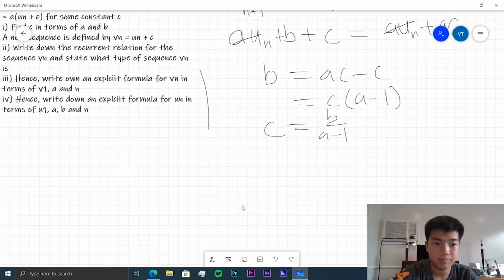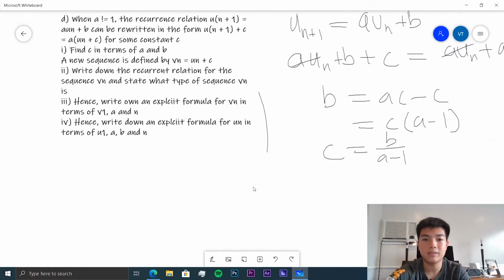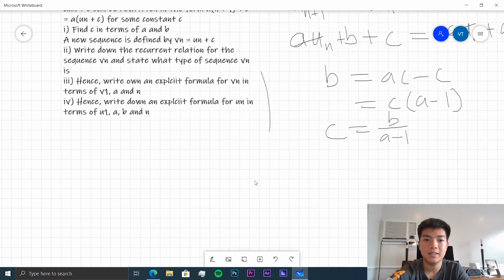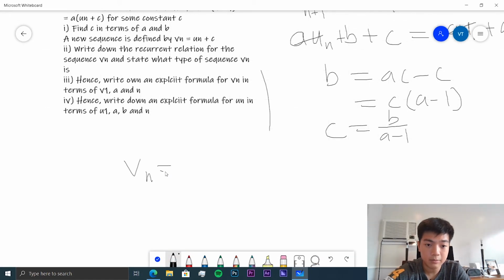Okay. So we have a new sequence, v of n is equal to u of n plus c. So v of n is equal to u of n plus b over a minus 1.